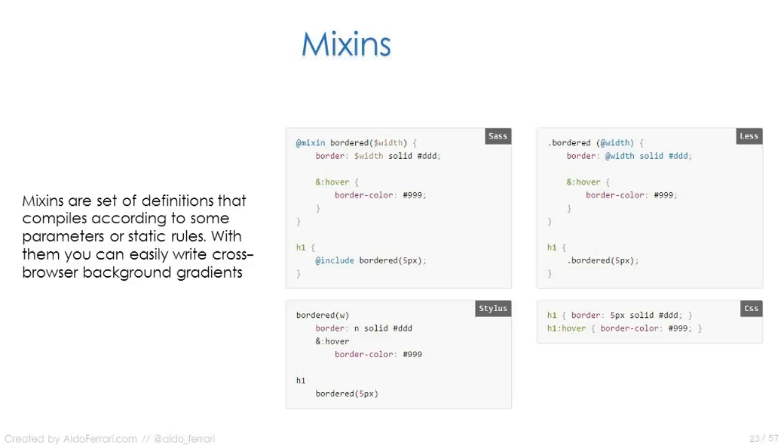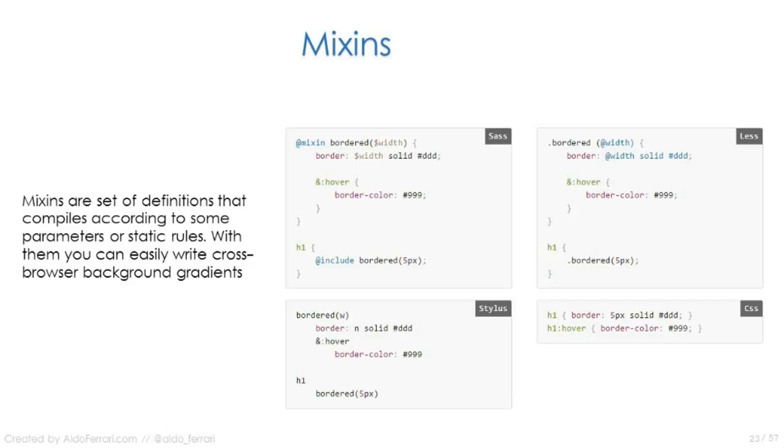Mixin, as I said, is kind of what in other languages is called a function, a function to which you can pass different parameters. A parameter can be colors, numbers, and so on. For example, this one is a mixin to create a border, so that you can pass the width of your border.